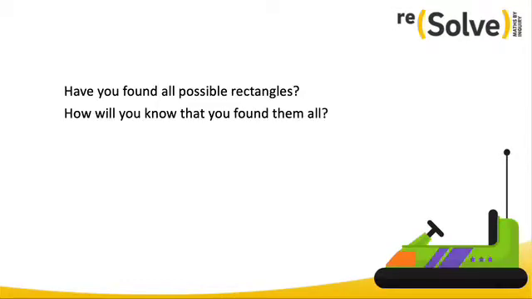Now your challenge is, have you found all possible rectangles? Remember how I mentioned there might be more than one. I wonder how many there are. How will you know that you found them all? I know when I'm trying to solve a problem like this, I generally create a table to record my working out. I'm very methodical, so I'll go through and make slight adjustments each time.